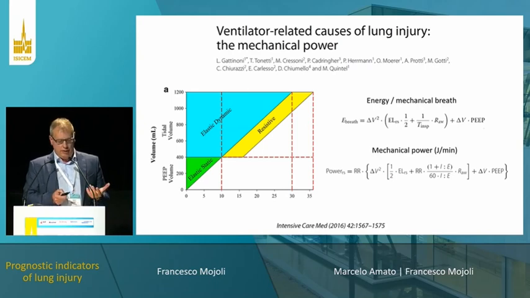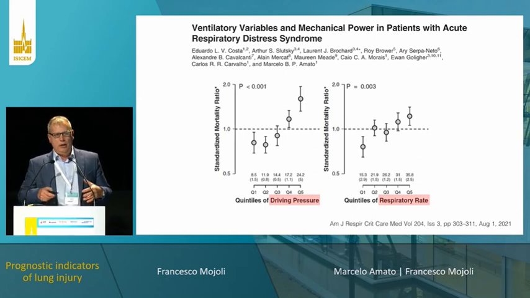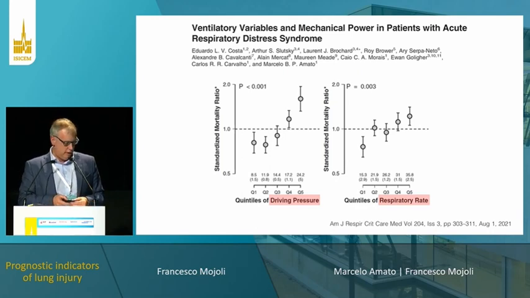And when this concept was applied to a very large pool of data coming from different controlled randomized trials, they found that among the different components of the mechanical power, only two were significantly associated with an increase of mortality rate: driving pressure and respiratory rate.